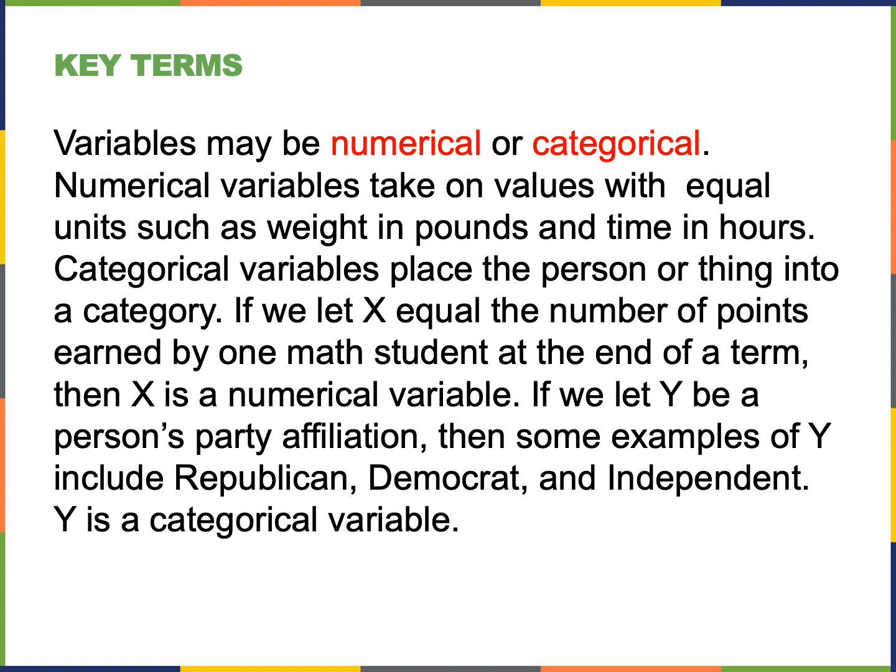So if we let X equal the number of points earned by one math student at the end of a term, then X is numerical. But let's say we let Y be a person's party affiliation. Let's say, for example, Republican, Democrat, Independent. So Y is a categorical variable because it's not numbers, it's categories.